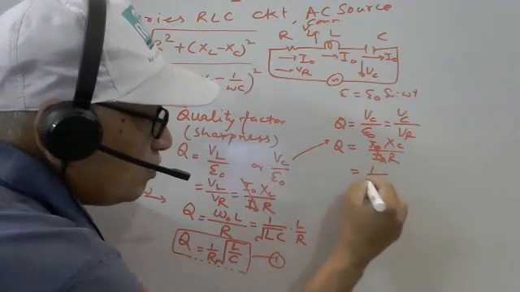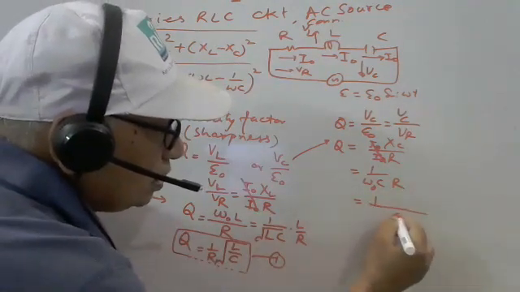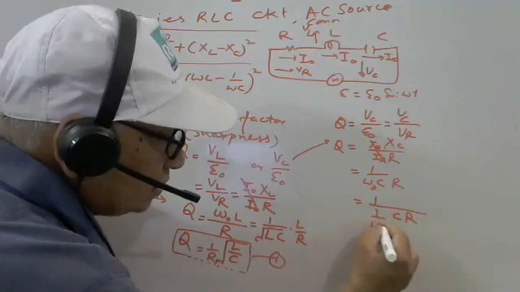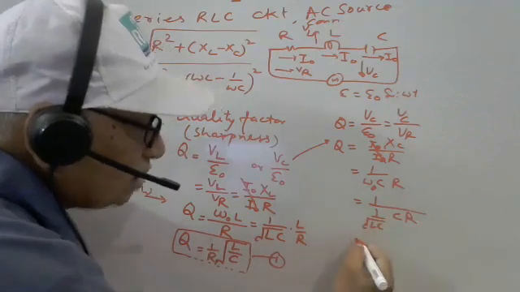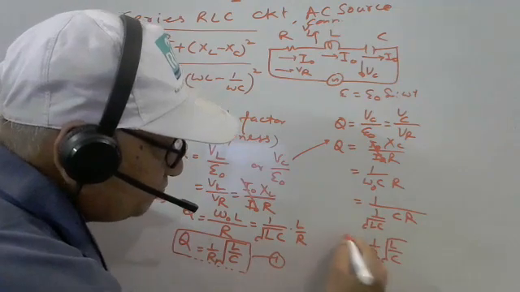XC will be 1 by omega C. What is the value of omega? Omega naught is 1 by under root LC. So we are getting this relation here again.